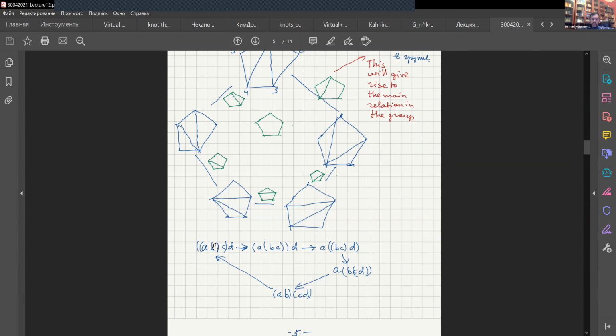And if I want to, I can have some brackets, and I can switch from one bracketing to another, for example, by some small switch. This means that here I have A, B, C. I can switch to A times B, C. Now, for example, here I have A, and here BC, and then D, and I can change my product by taking A away and putting BC times D here.